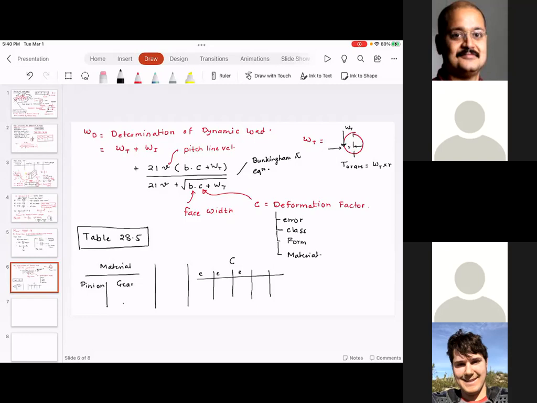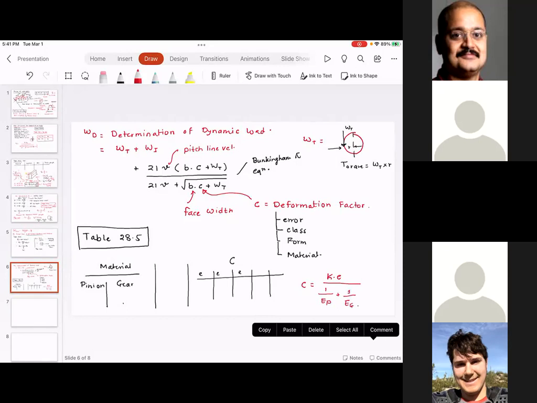So you can pick up this value of C from the table, or if you like, it can also be found from this equation: K times E divided by 1 divided by Young's modulus of pinion plus 1 divided by Young's modulus of gear.